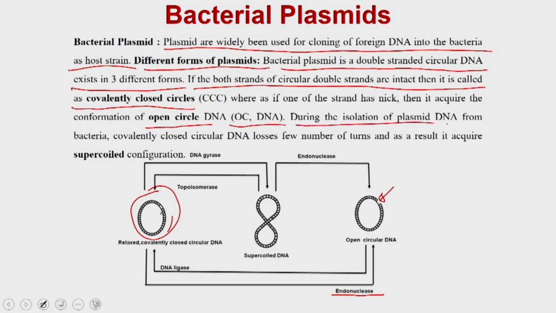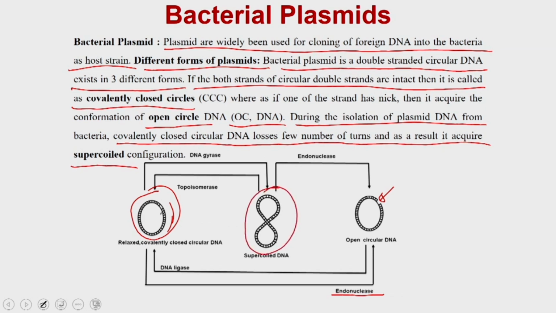Whereas when you isolate the plasmid from the bacteria, the covalently closed circular DNA loses a few of its turns. So it twists around itself, and because of that it creates a supercoiled conformation, which is this.